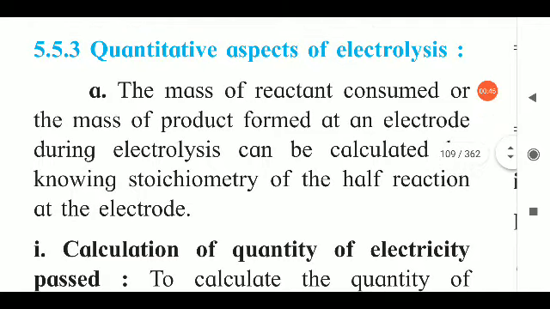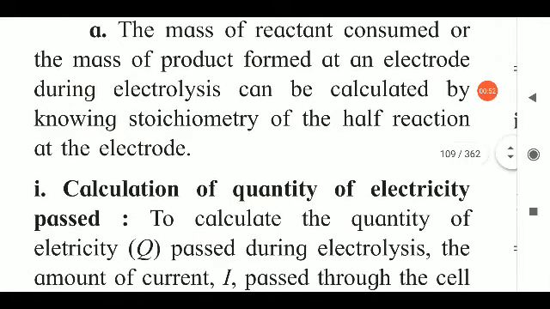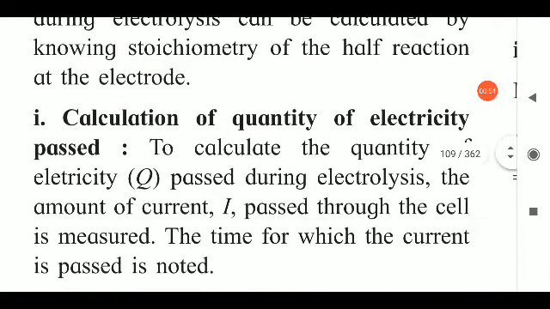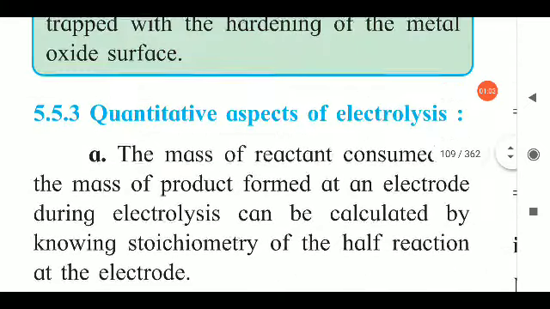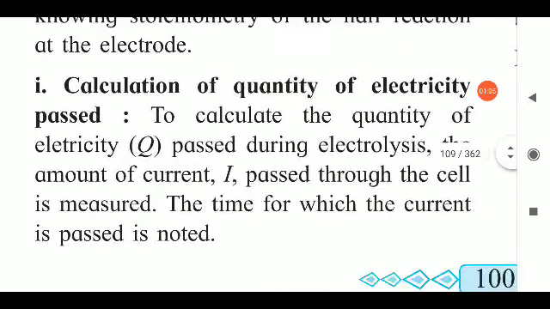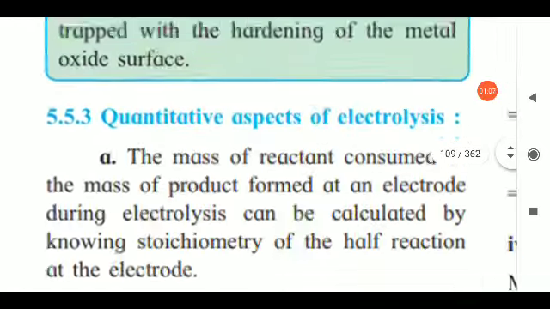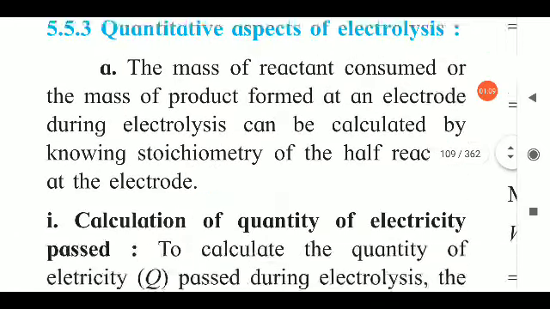That means we are going to learn what is actually happening at the half cell. First, calculation of the quantity of electricity passed. This is the first parameter we should know for the quantitative aspects of the electrolysis process.